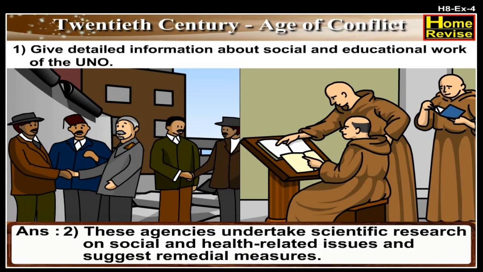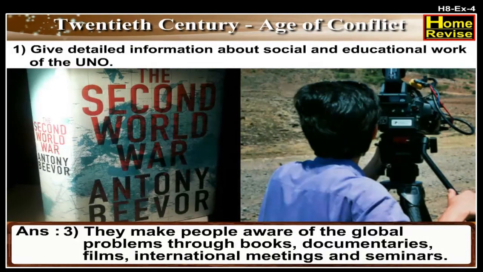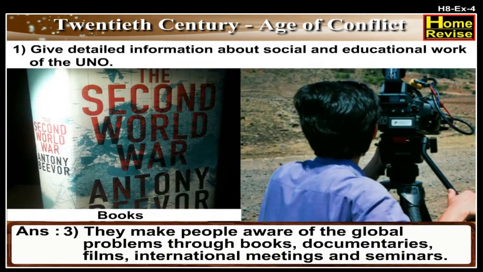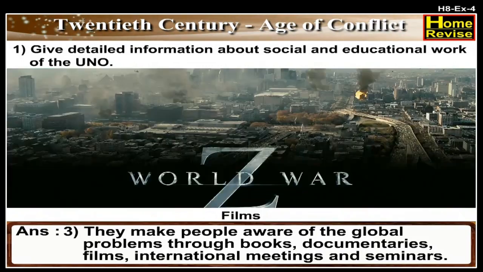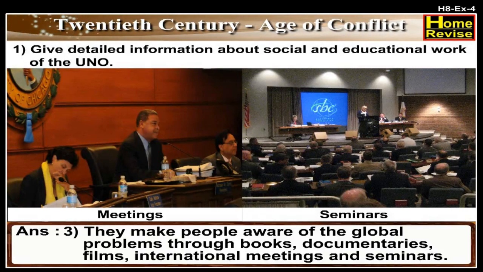These agencies undertake scientific research on social and health-related issues and suggest remedial measures. 3. They make people aware of the global problems through books, documentaries, films, international meetings, and seminars.